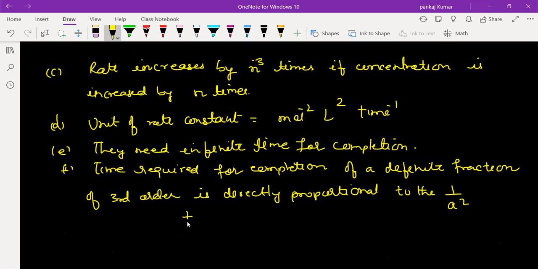Meaning t for a definite fraction is proportional to 1 by a square.